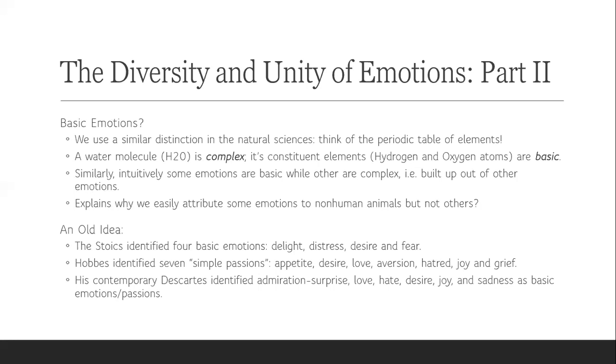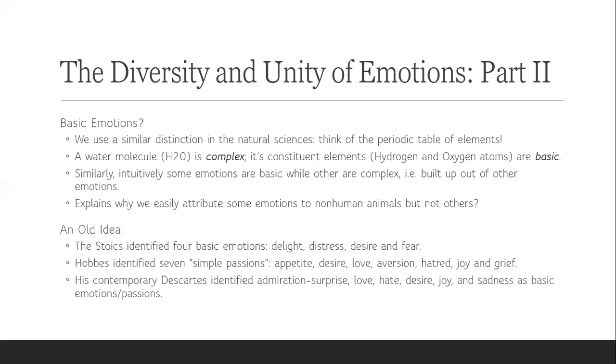Later on, as we get closer to modernity, somebody like Thomas Hobbes identifies 7 basic emotions, or simple passions, as he calls them. And those were, of course, appetite, desire, love, aversion, hatred, joy, and grief.